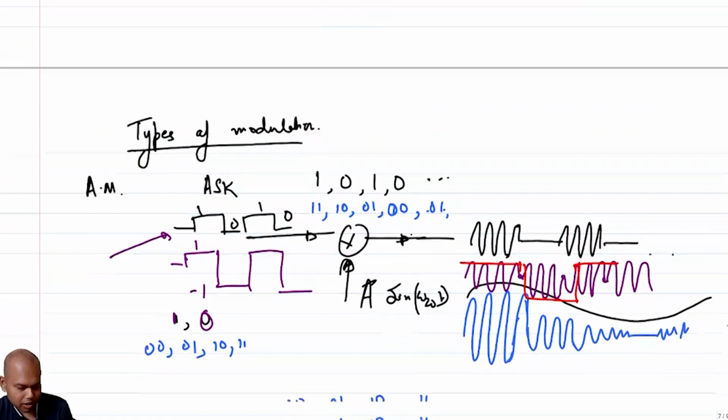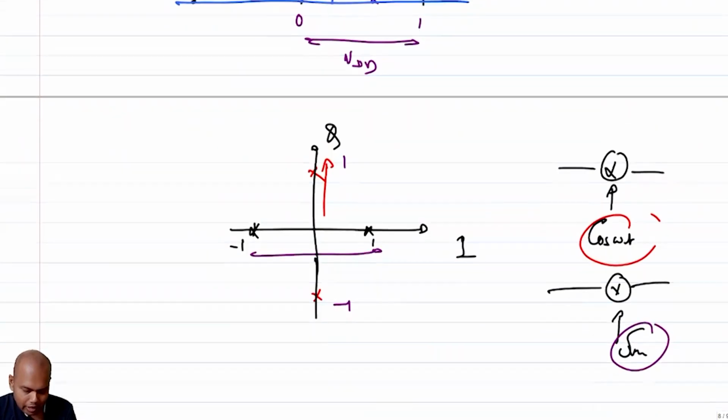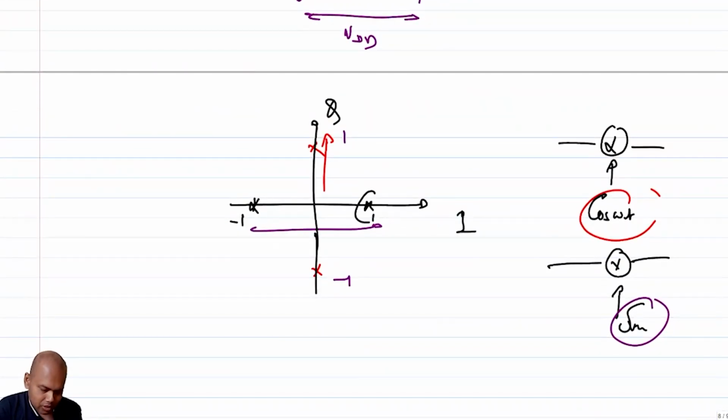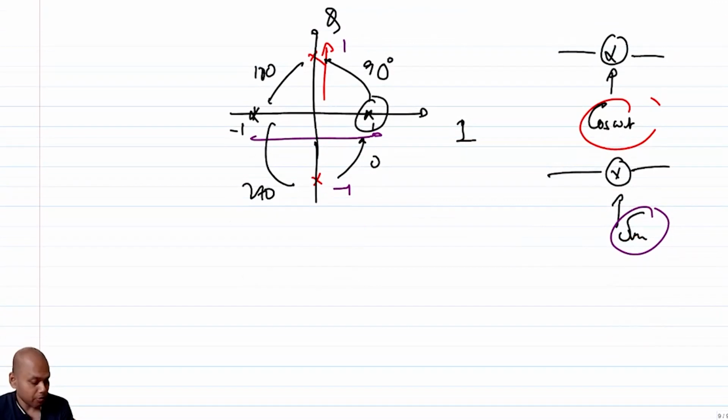So if you think about it, this is essentially modulating the phase, right? Because I am multiplying with +1, I am multiplying with -1, I am going from 0 to 180, 0 to 180, and so on, right? So here I am going from 0 to 90 to 180 to 270 and then back to 0, right? So I am having phase rotation, and am able to send 4 symbols without changing amplitude at all.